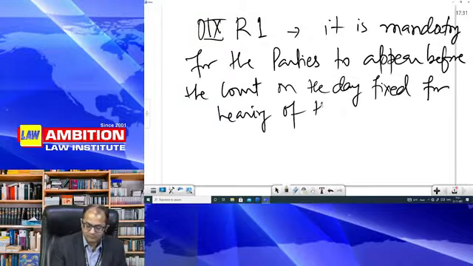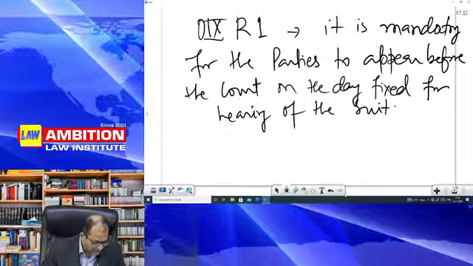The day is fixed in the summons and is called the date of first hearing. On this day both the parties must be present before the court either in person or by pleader, and only on their presence will the suit proceed further.